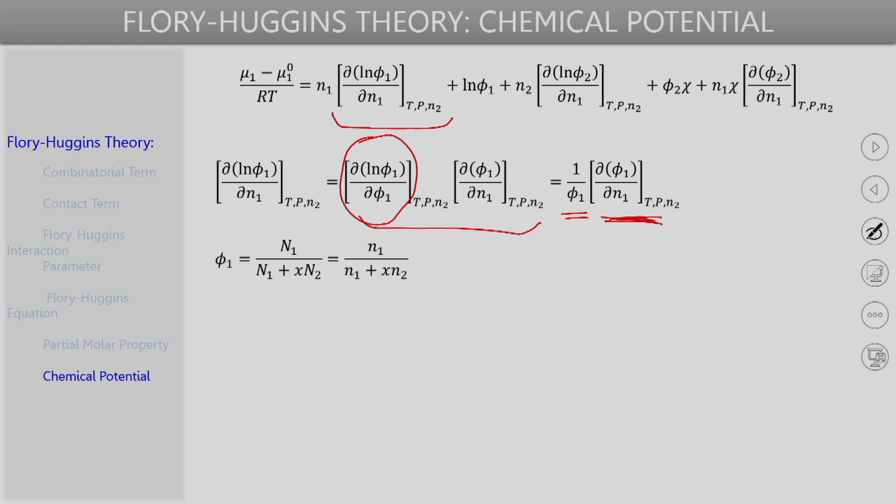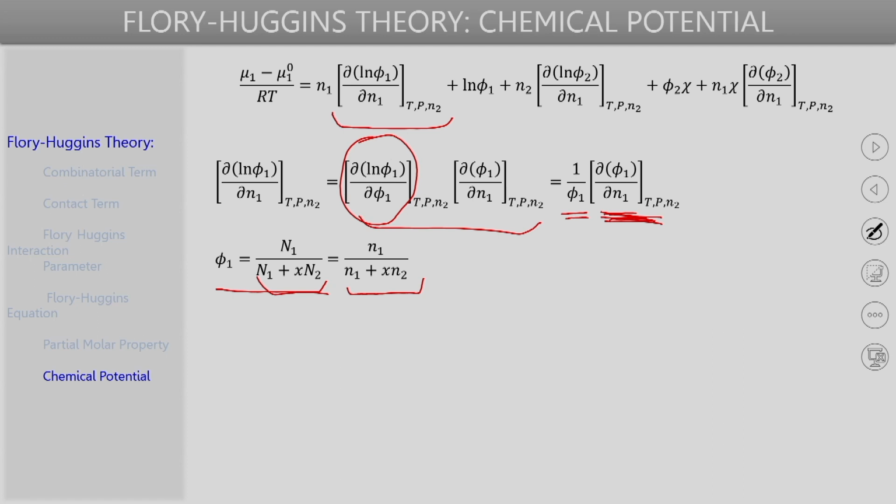Now let us look at the second term in more detail. To evaluate this term, we first need to know how phi 1, the volume fraction of the solvent, depends on n1. So phi 1 is defined as capital N1 by capital N1 plus x times capital N2, that is the volume fraction of the solvent, and in terms of the number of moles we can write phi 1 in this form, by converting the number of molecules to number of moles using the Avogadro constant as the factor.